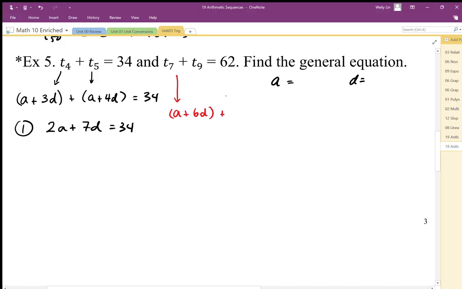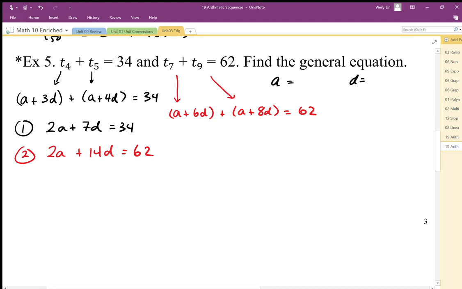And I can come up with another one here: a plus, to get to 9, I want 8 steps. And if I add those together, I get 62. In simplifying this, I'm going to end up with 2a plus 14d is equal to 62.